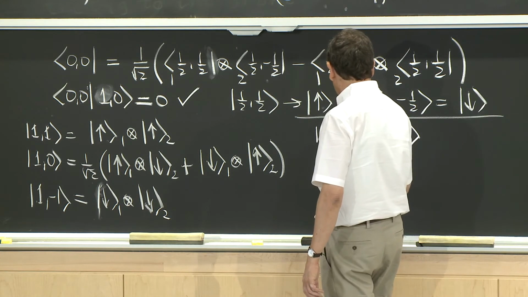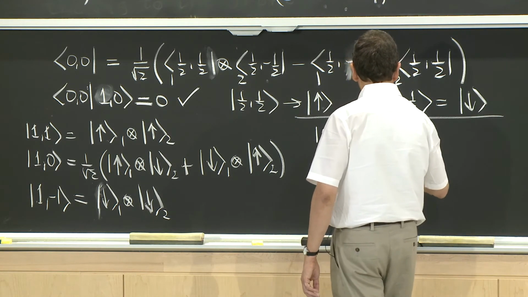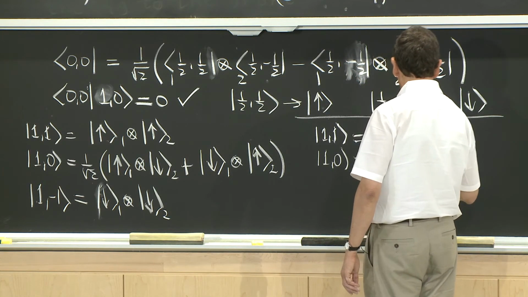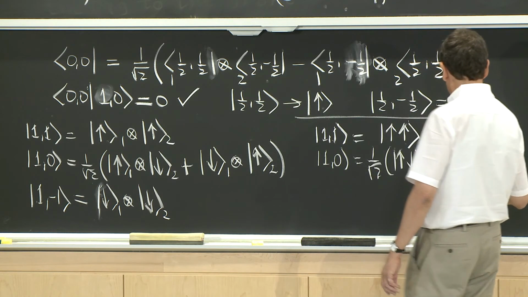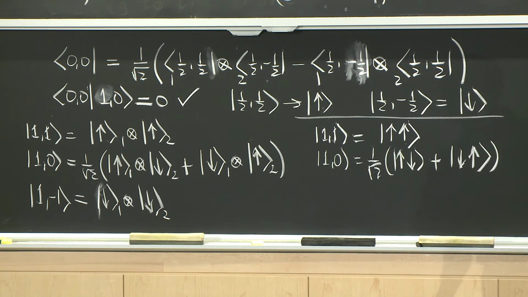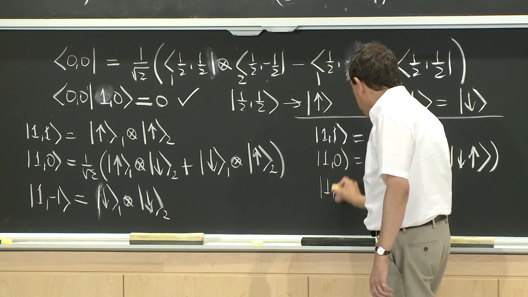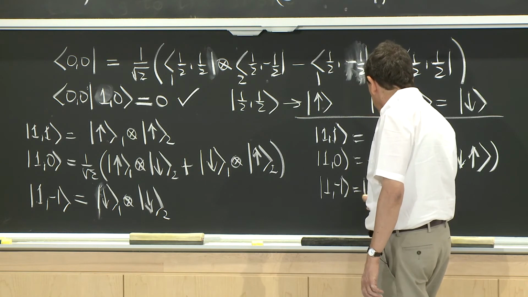The 1, 0 state will be 1 over square root of 2, up down plus down up. The 1, minus 1 state would be two down arrows.